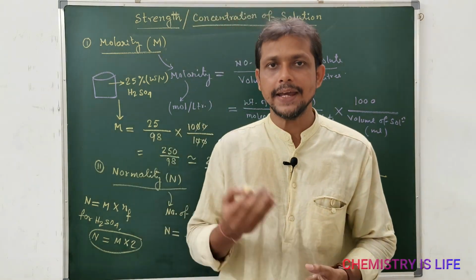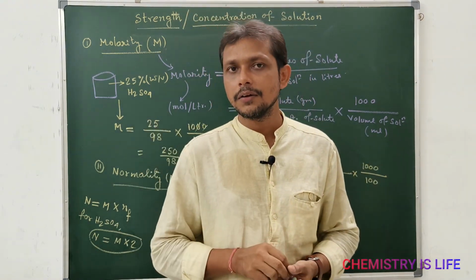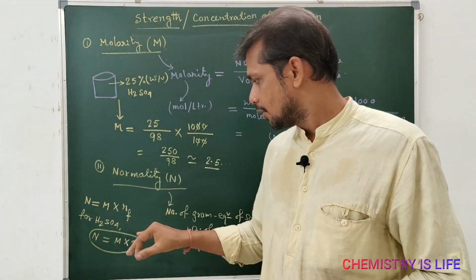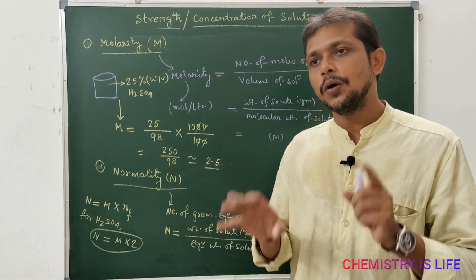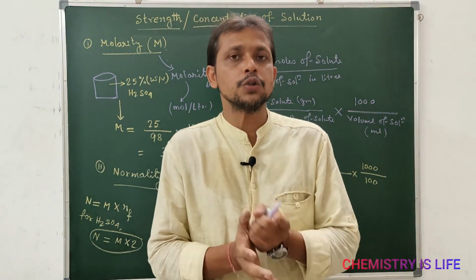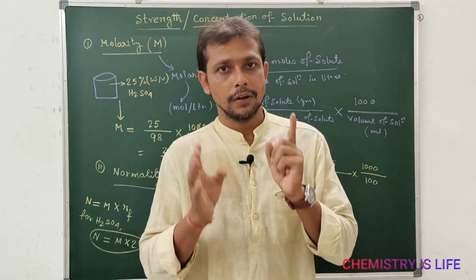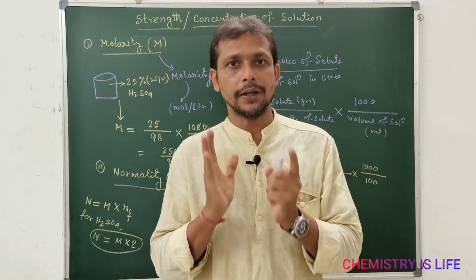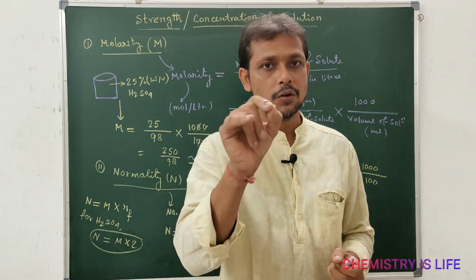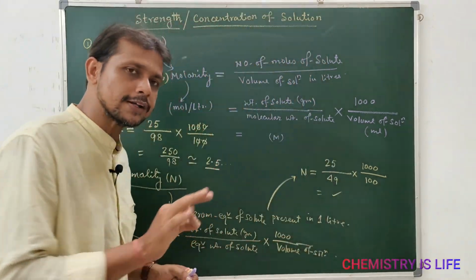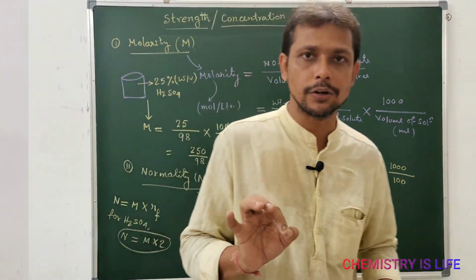Like HCl has an N factor of 1, so it will have normality equal to molarity. Okay, if you don't know how to calculate equivalent weight, I am saying again, I will make another video for calculation of the equivalent weight. So please watch that. I am not discussing equivalent weight in this video.